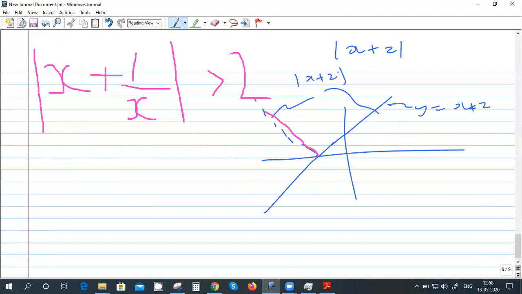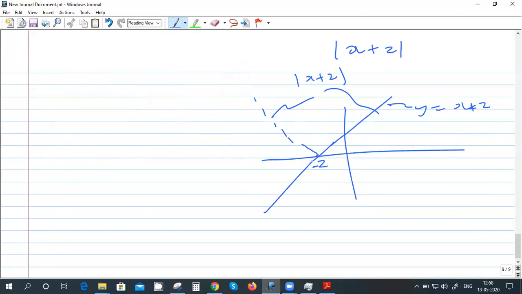So also think in terms of graphs, what is happening. You should think of the problem in multiple ways because right now you are sitting at home. In the exam you may not be able to do everything, but when you're sitting at home, you try in all possible ways. So this is equation y equal to x plus 2, and if you plot equation y equal to mod x plus 2, this will be the graph.